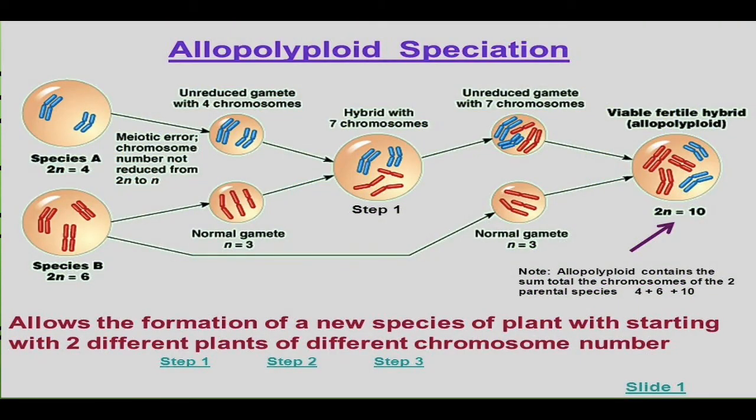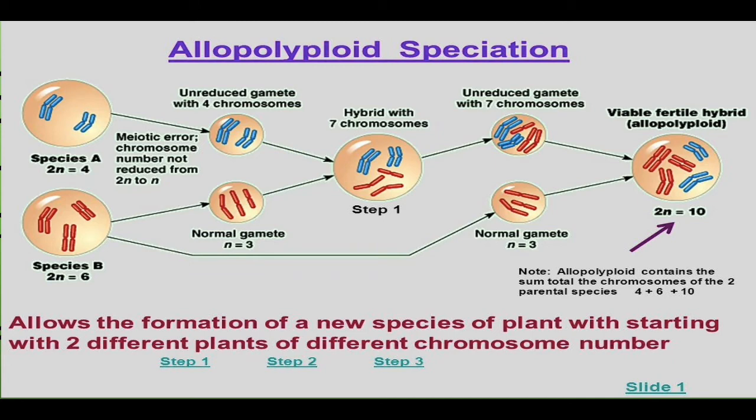Now, here you can see allopolyploid speciation. How does it form? Here are species A and species B. Species A has 4 chromosomes and species B has 6. In species A, because of a meiotic error, the chromosome number is not reduced from 2n to n. So an unreduced gamete with 4 chromosomes forms, and in species B, it is a normal gamete with 3 chromosomes.